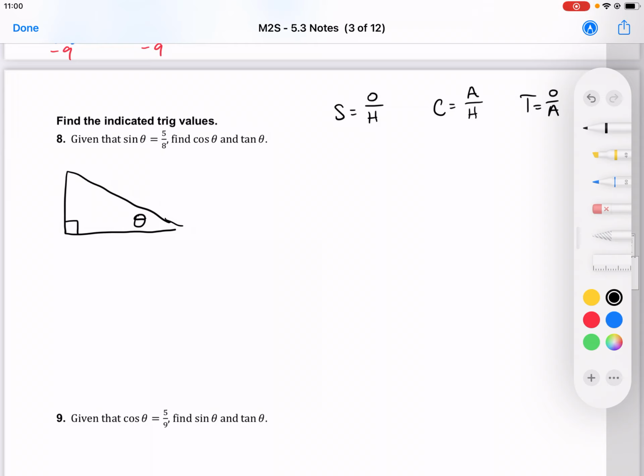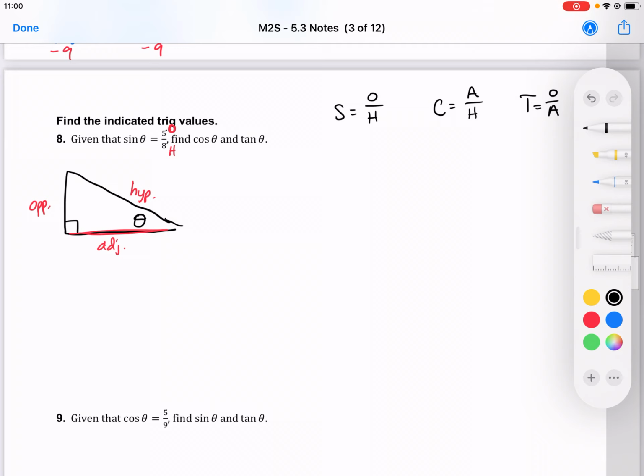So they gave us sine, and sine is 5 over 8. So the 5 is our opposite side, and the 8 will be our hypotenuse. So hypotenuse is right here. Opposite is over here, adjacent is touching the angle right here.